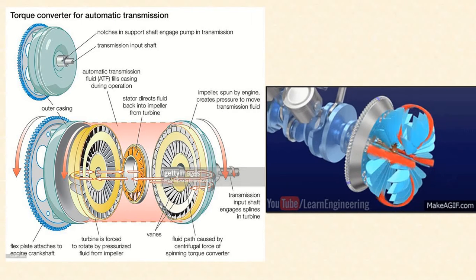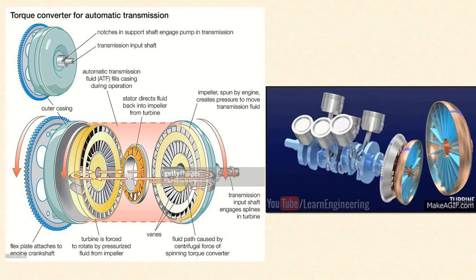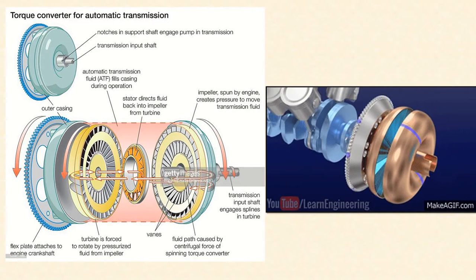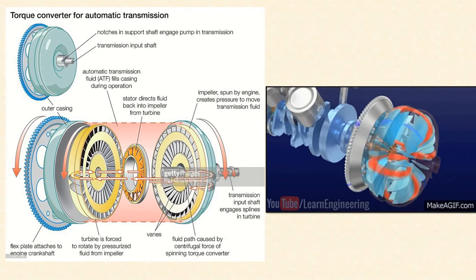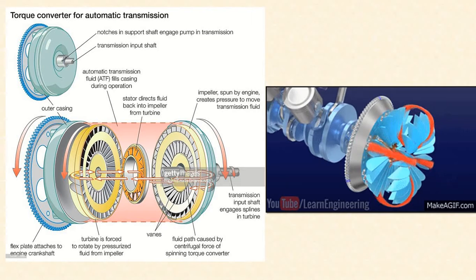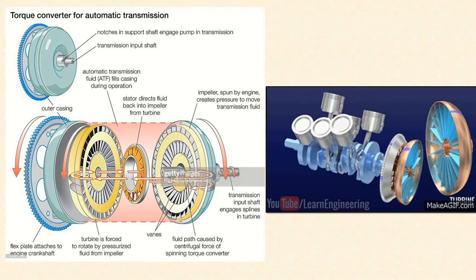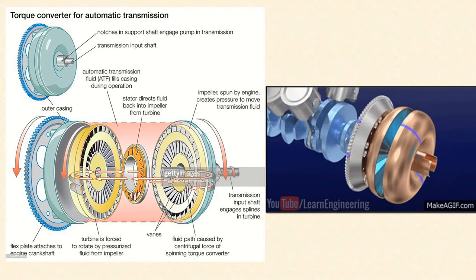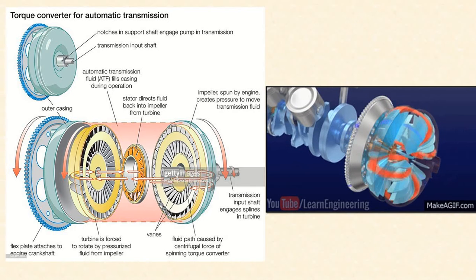The stator is fixed to the frame by a freewheel, in addition to the oil pump, which keeps the converter full of oil under pressure. This pressure is necessary to keep the converter full of oil when rotating.